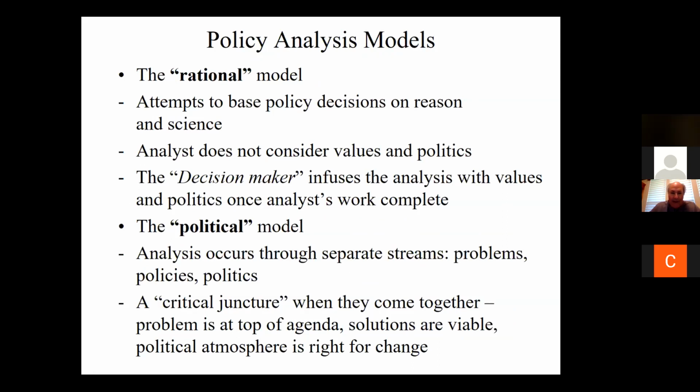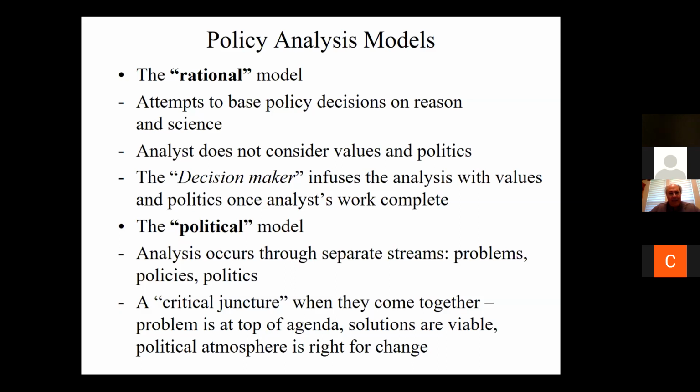Remembering that the rational model attempts to be a nonpartisan sort of analysis without factoring in values or politics of the analyst, but you just leave these pieces to the final decision maker to whom you're presenting the analysis.